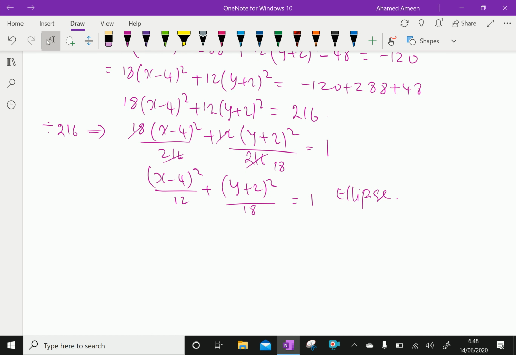Now from that we can find a square equal 18 because the major axis is parallel to the y axis, and b square equal 12.